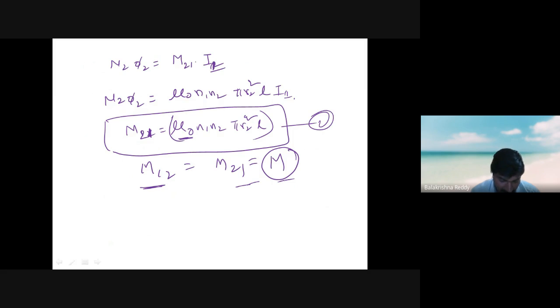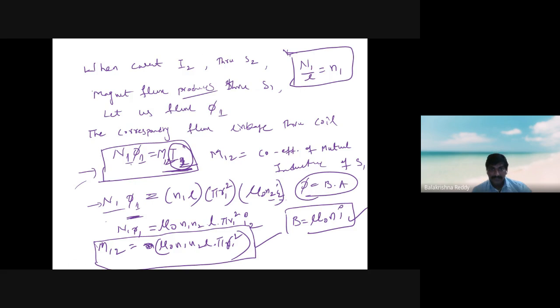So this is all about the mutual inductance concept in the coaxial case. Before that, there is one small change. Since here I have taken I2, here also I'll get I2. Yes, it's correct now. Everything is fine.